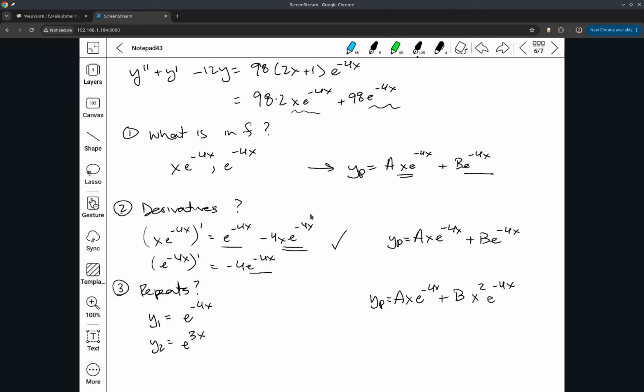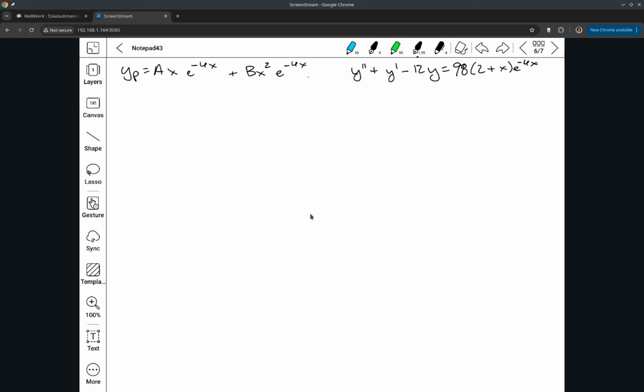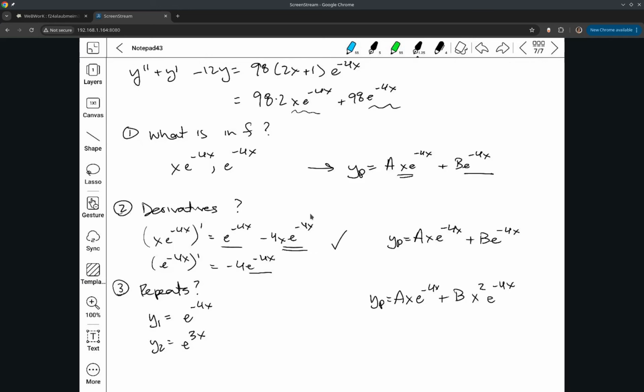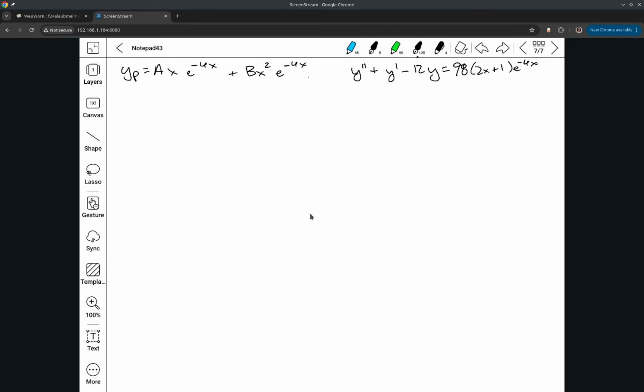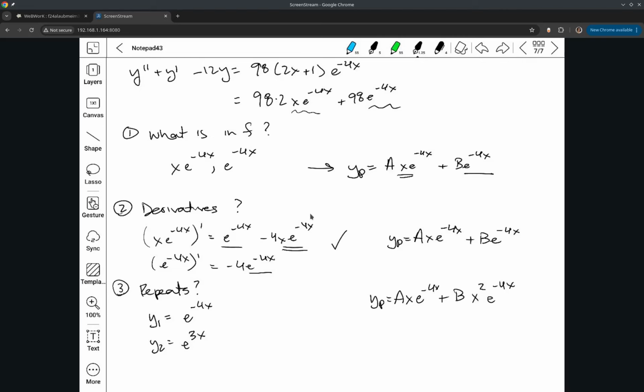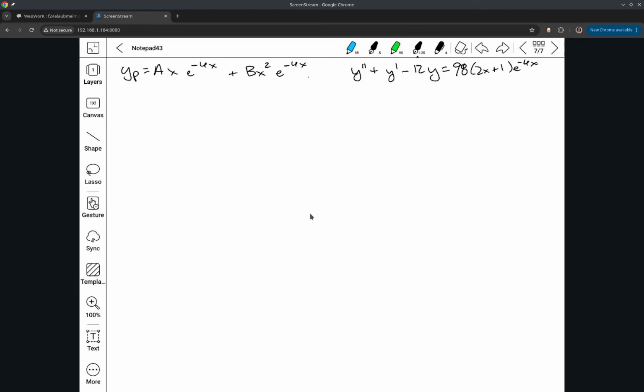Plus y prime minus 12y, 2x plus 1. Okay, that looks right to me. Wanted to give it one more look so we don't do all this algebra for no reason.